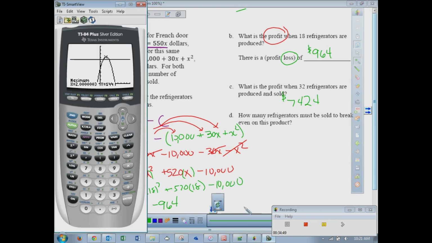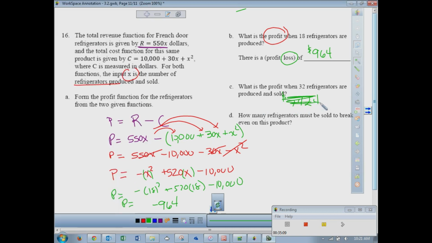Let me do that again. It's negative, help me out, 32 squared. All right. Then what do I got? Plus 520 times 32. Am I punching this in right? Minus 10,000. Did I punch that in right? Sorry, 5616. Well, excuse my mistake.